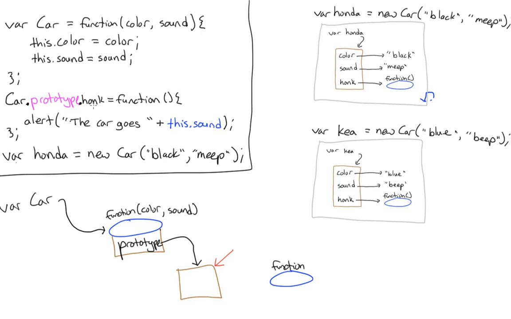Next we have dot honk. Dot honk equals. So that means we are going to create a new property called honk because of that equal sign and make it point to the right side, which is this function.